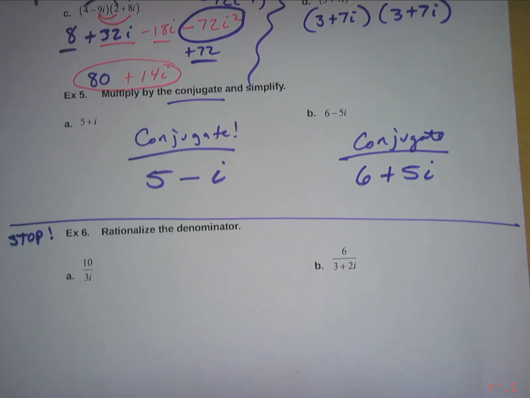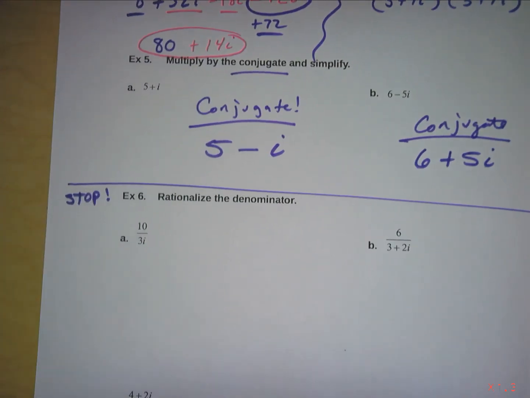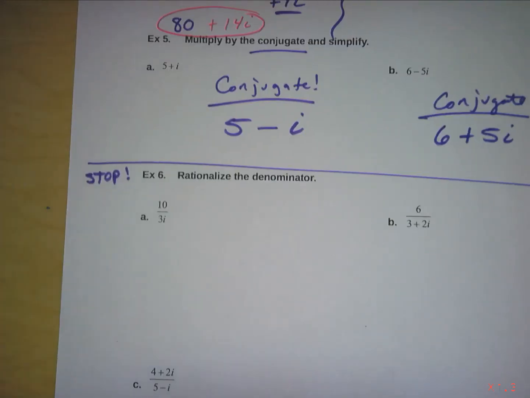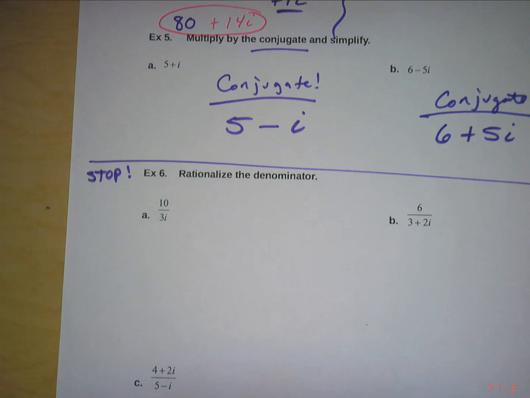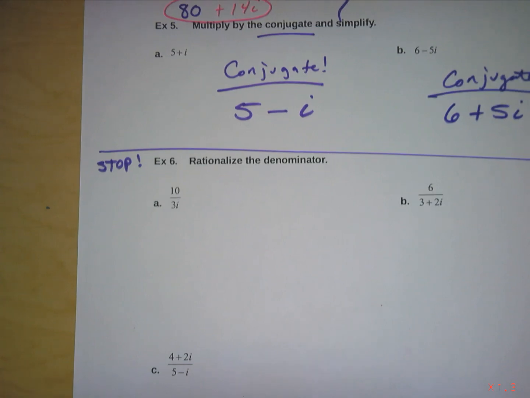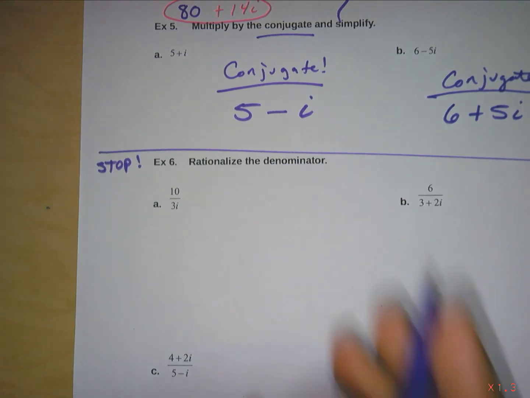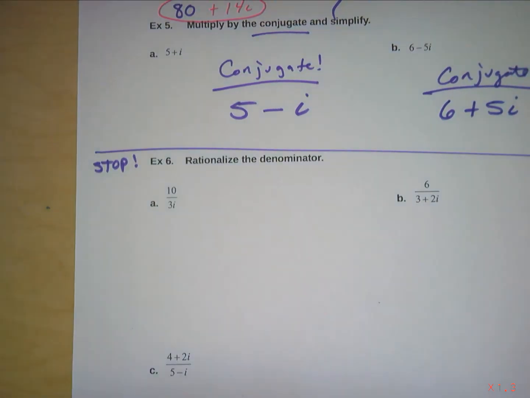Okay, let's get started. We're going to rationalize the denominator for example 6. Yesterday we stopped here, so let's finish up. In example 6a, there's really just one term on the bottom, just a 3i. Anytime there's just one term, the trick is to get rid of this i.